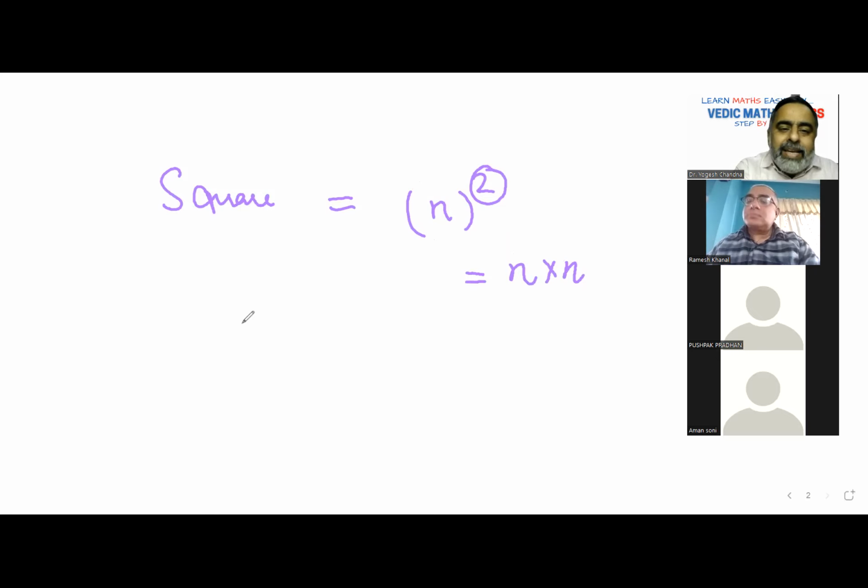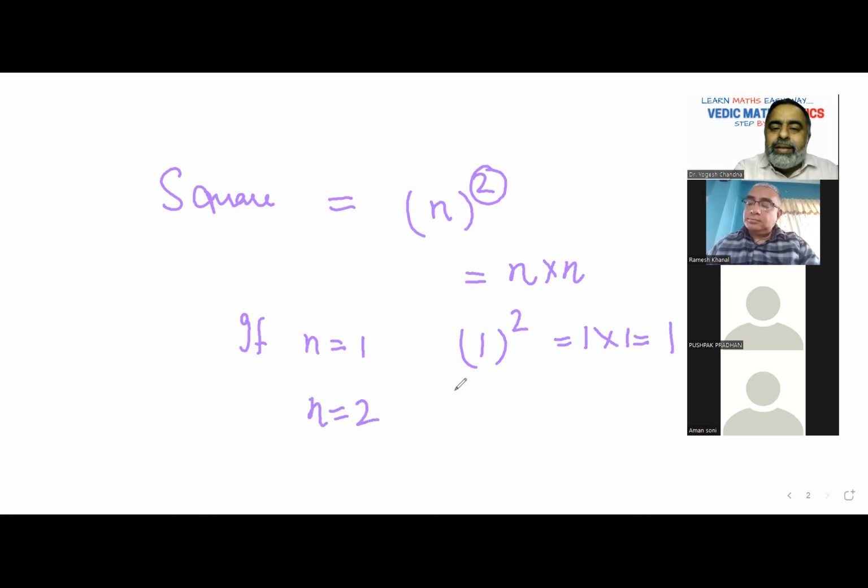So if n is equal to 1, this becomes 1 square, that is 1 into 1 is equal to 1. Similarly, if n is equal to 2, this becomes 2 square, that is 2 into 2, 4. And similarly, if it is 9, it becomes 81.